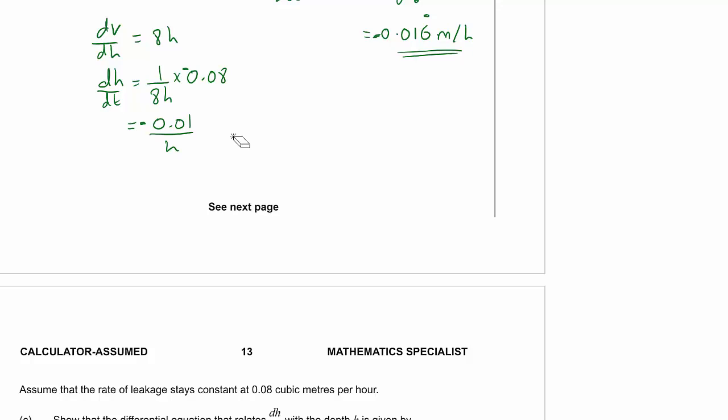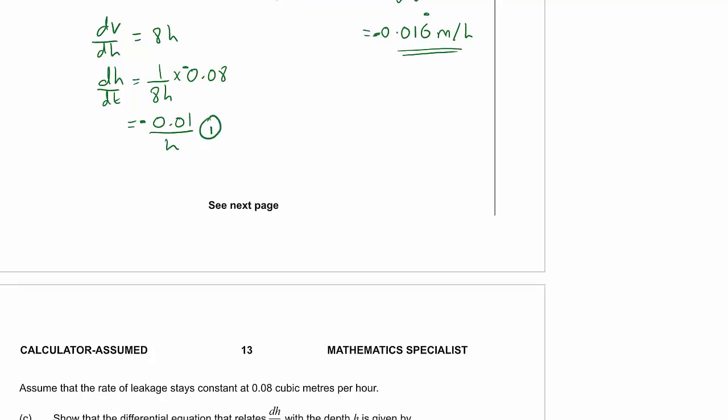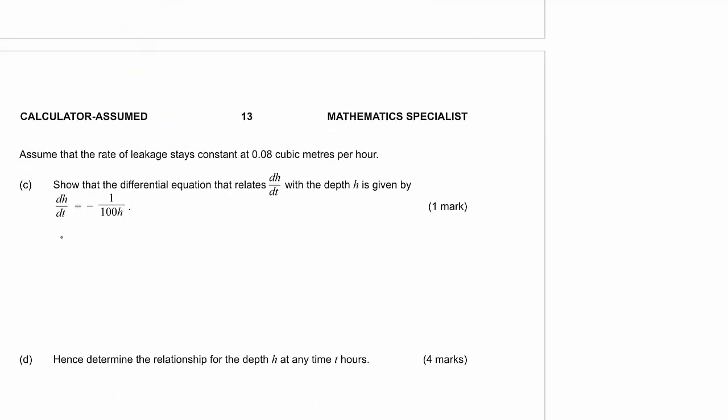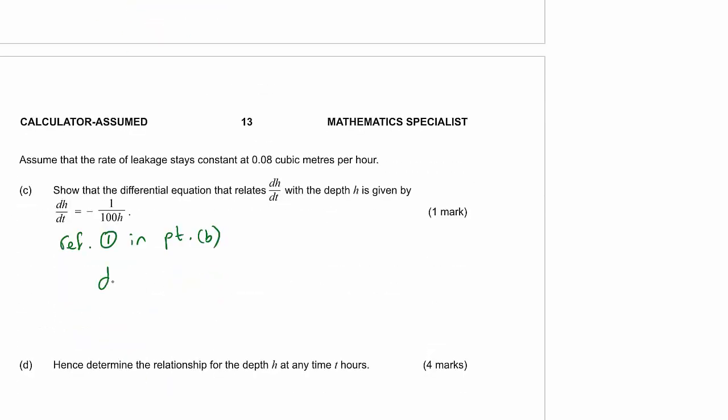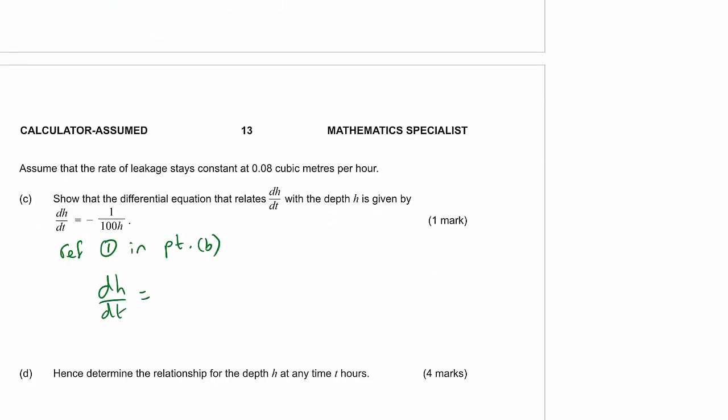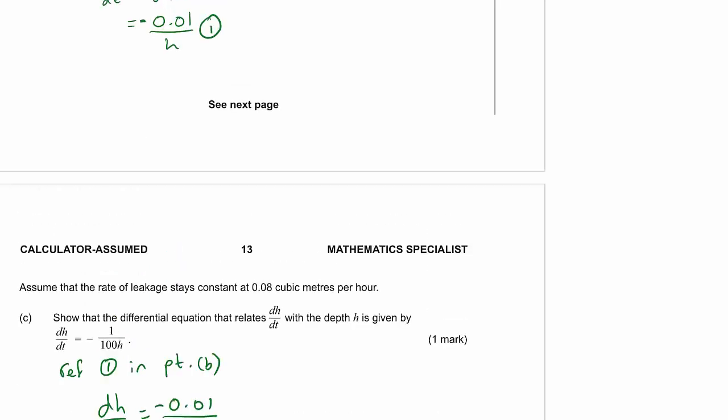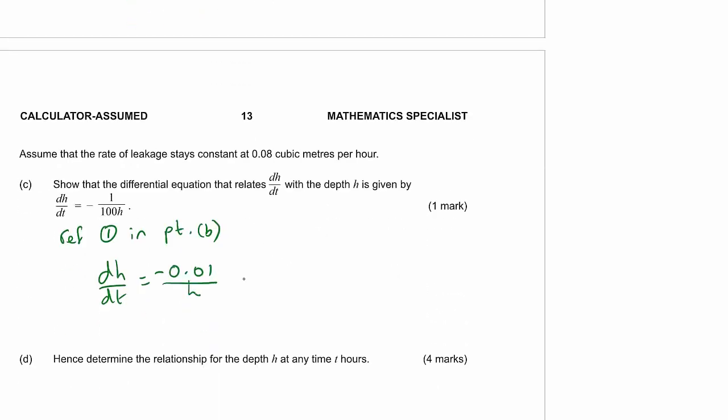So I'm going to reference that as 1, and so I'm going to say reference 1 in part B, where I have dh/dt equal to negative 0.01 over h, and that is of course equal to negative 1 over 100h.